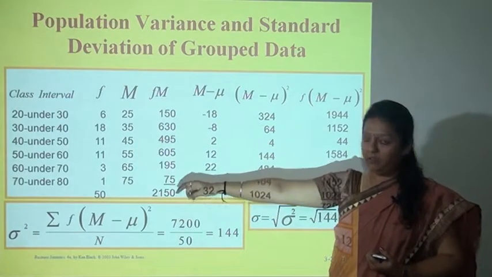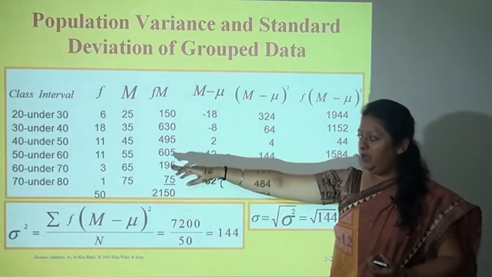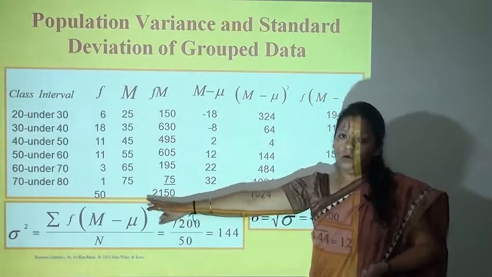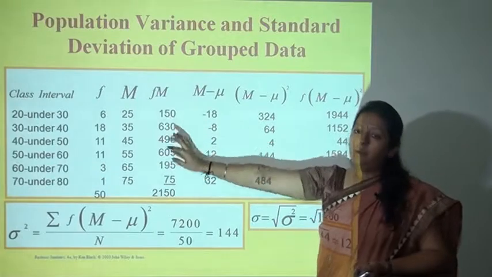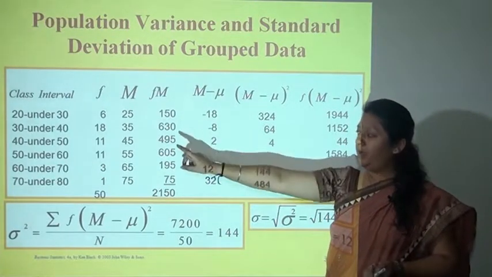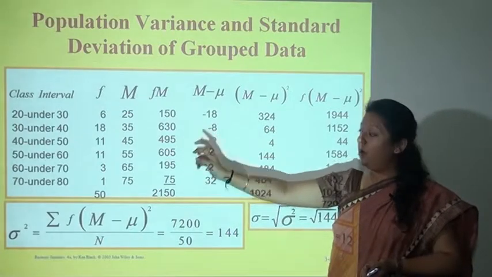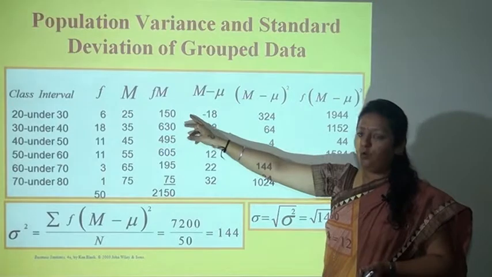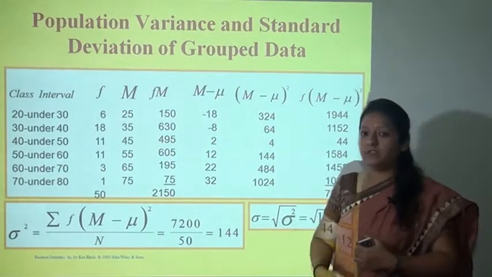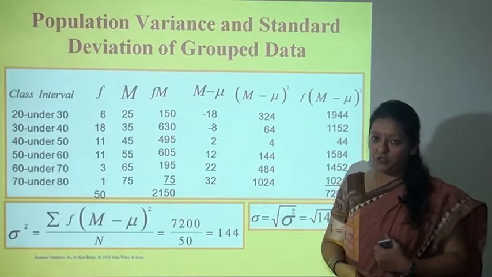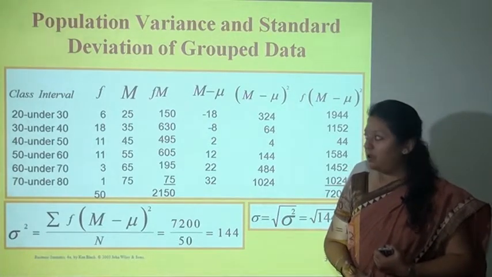The frequencies are 6, 18, 11, 11, 3, 1, and the total is 50. M is the midpoint, found using 20 plus 30 divided by 2 for the class intervals. We first have to find mu in order to calculate the variance and standard deviation.